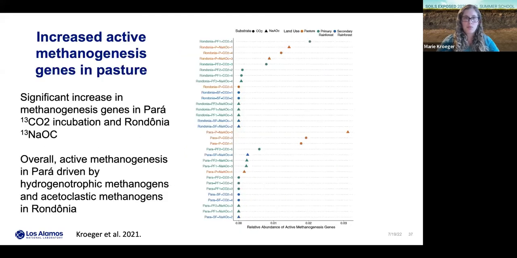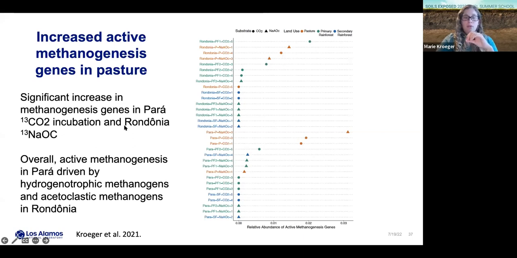It appears to be actually driven by increased active methanogenesis, which is what I'm showing here, where on the y-axis we can see all the different samples. The color labels the land use types: orange is our pasture, green is primary, and blue is secondary rainforest. The symbols show whether it was incubated with 13CO2 or sodium acetate.